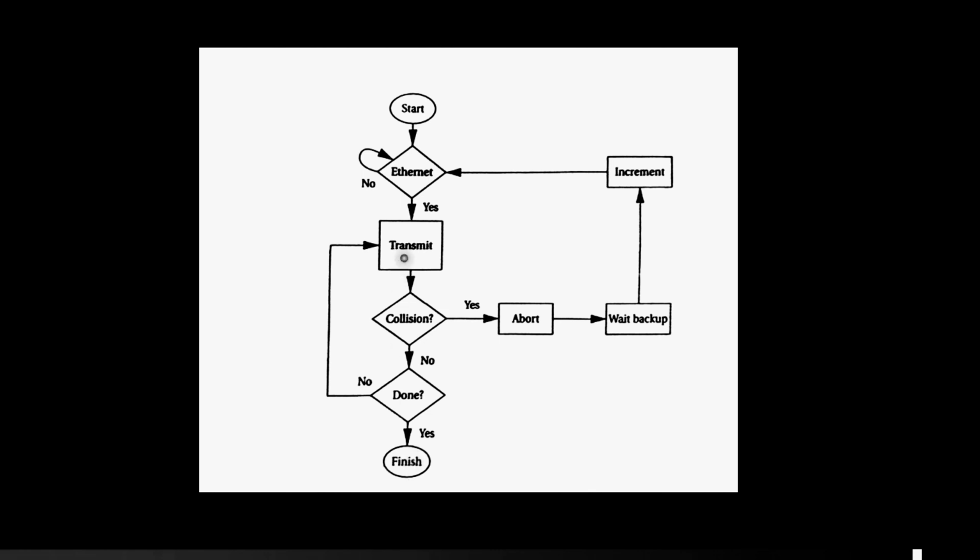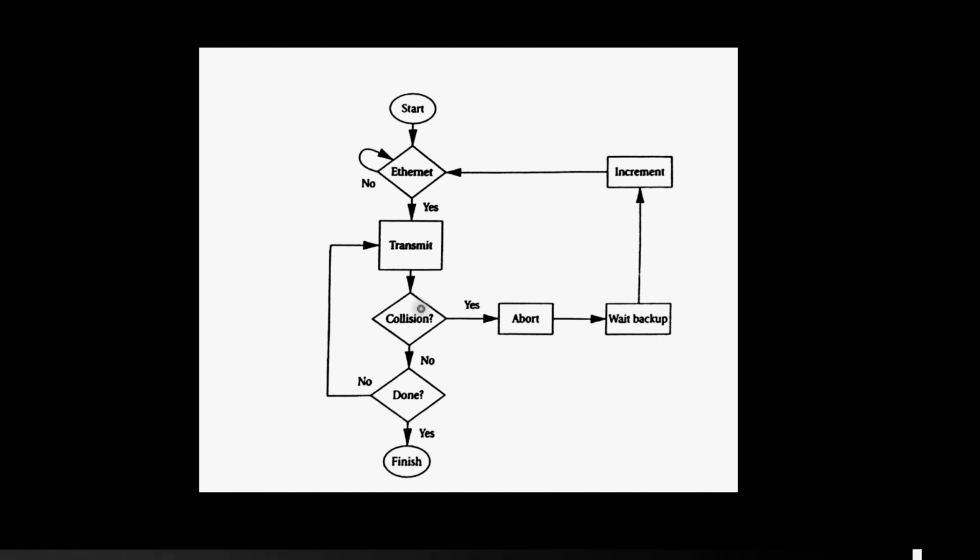But at certain times, the nodes might not have connected to the Ethernet properly. So, in such cases, the nodes have to continuously check whether they have been connected to the Ethernet. Only when it is properly connected can it transmit the data. Once it has been properly connected, then the data can be transmitted. It checks whether a collision happens.